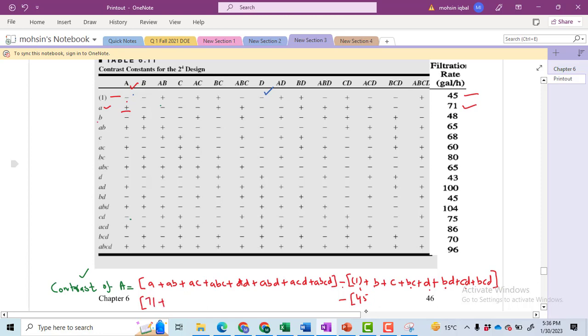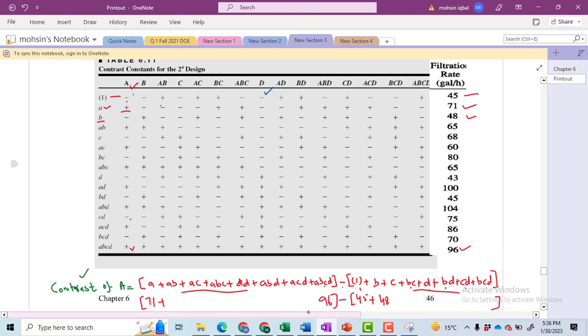For the second term B, there is a negative sign, so it will come here with the negative one, and I will write the B value equal to 48. In this way, I will have to write all of these values. 7 values are left here and 6 values are left here. Just like for A, B, C, D we have a plus sign, so I will write here 96.